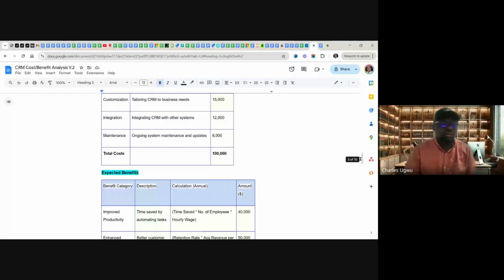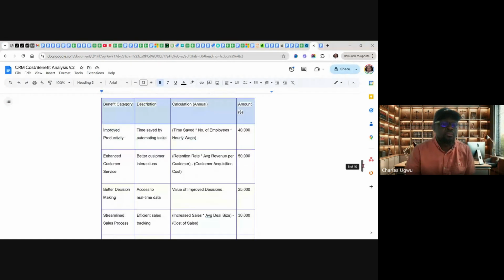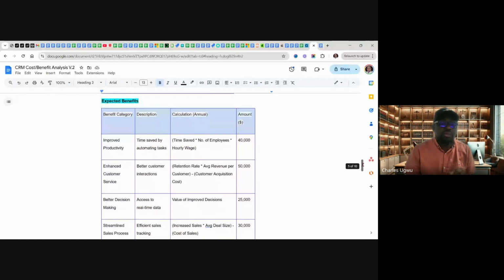Then to determine the benefits, you see here I use expected benefits. Under expected benefits, you see here improved productivity.